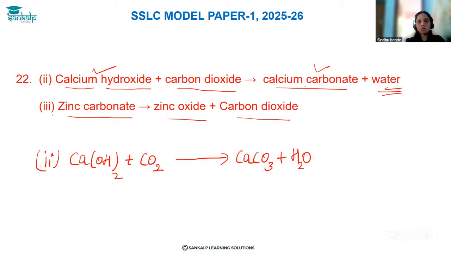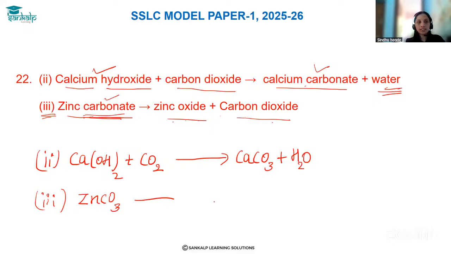Then we'll see how to write this third one. Zinc carbonate will give zinc oxide plus carbon dioxide. Here zinc carbonate is the reactant, and zinc oxide and carbon dioxide are the products. So zinc carbonate is nothing but ZnCO3.